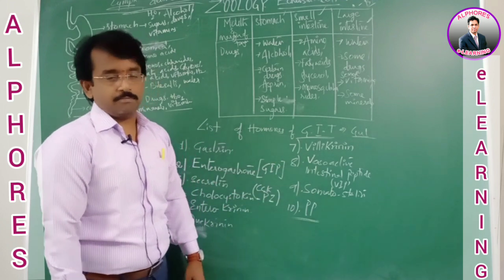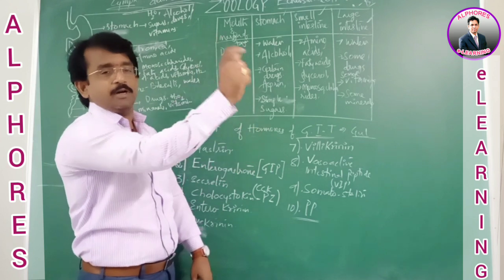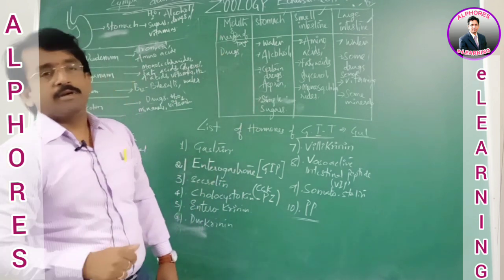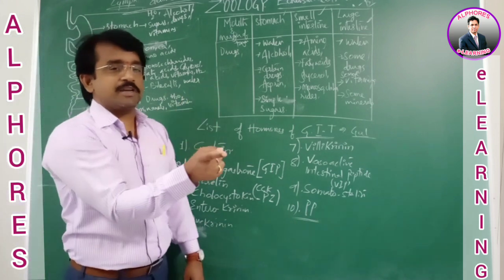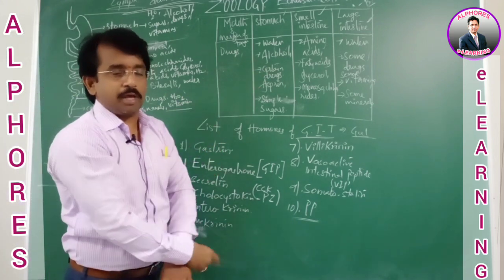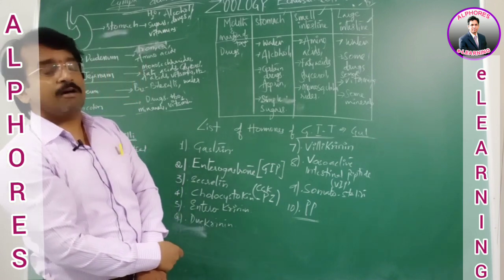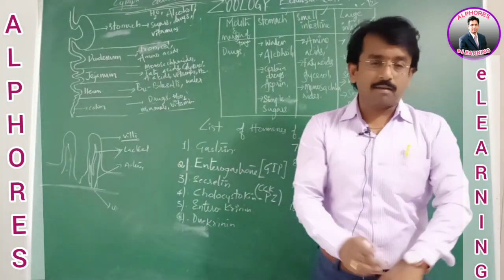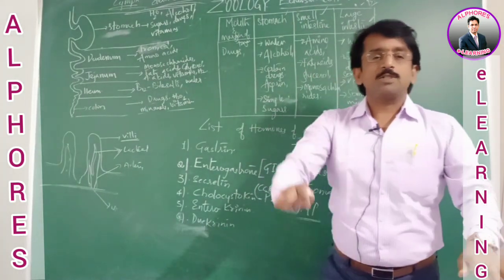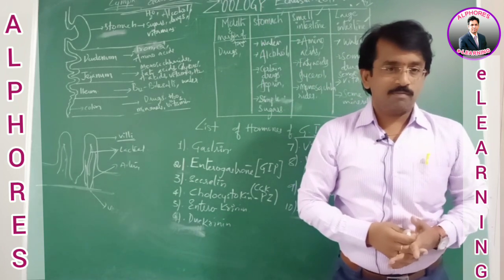The intrinsic neural system works by means of the Auerbach's plexus and the Meissner's plexus, and the extrinsic activity by sympathetic and parasympathetic nerves. Basically, peristaltic and gastric movements are decreased by the sympathetic nervous system, whereas increased by the parasympathetic nervous system.